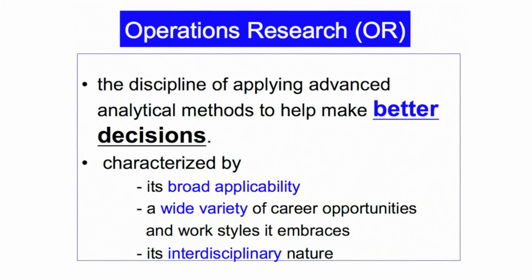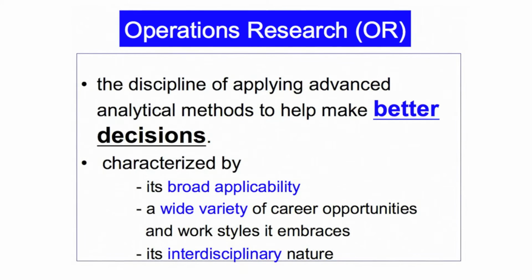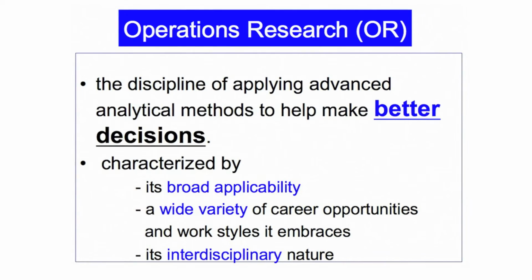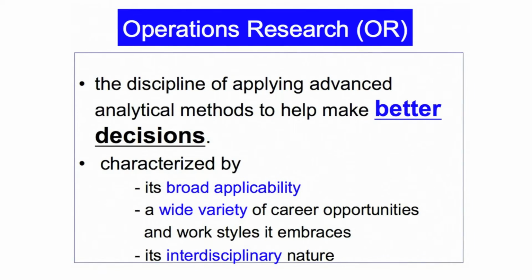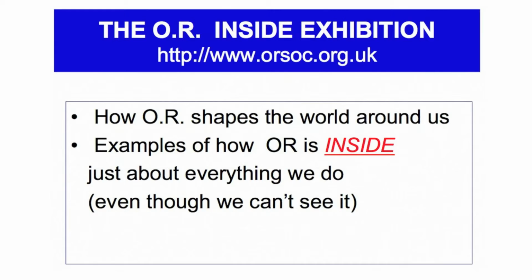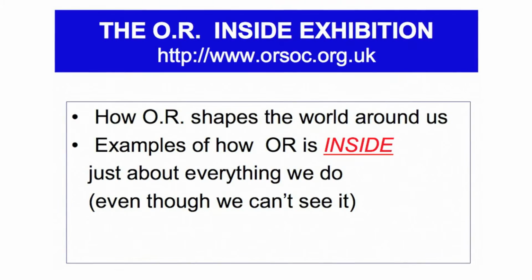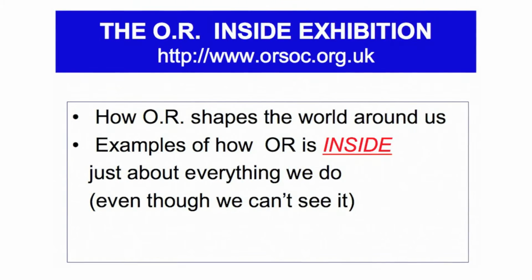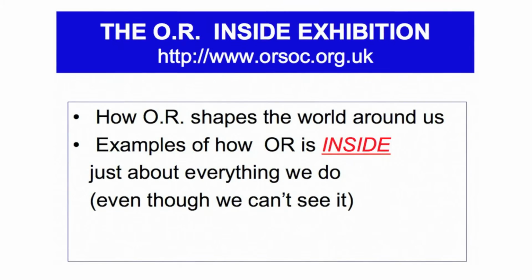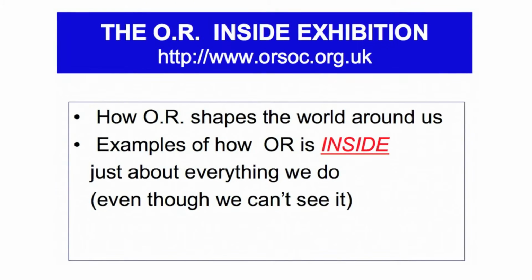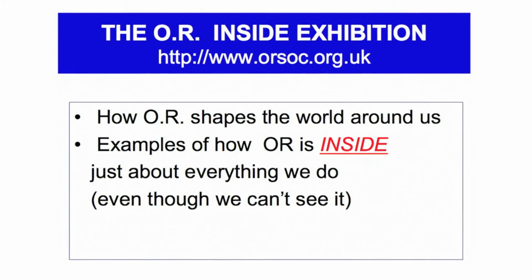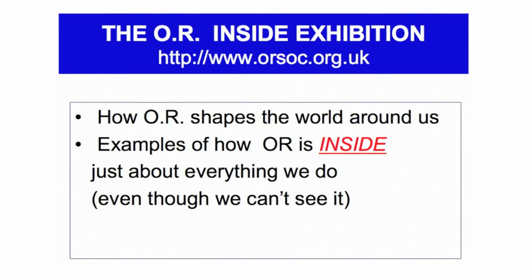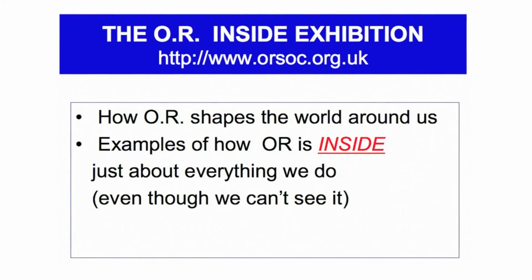It is characterized by its broad applicability, by its interdisciplinary nature, and the wide variety of career opportunities and work styles it embraces. I invite you to look at this site. The OR Inside exhibition tells us how OR shapes the world around us. It gives us examples of how OR is inside just about everything we do, even though we can't see it.